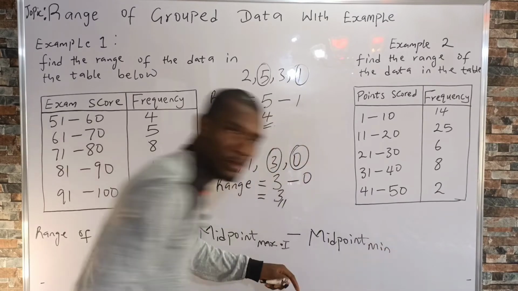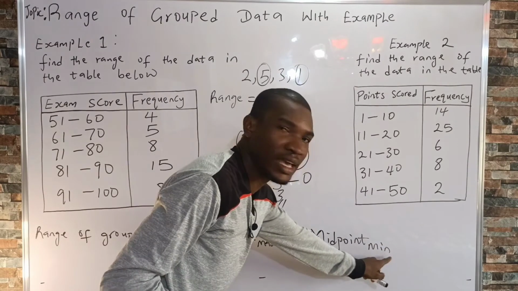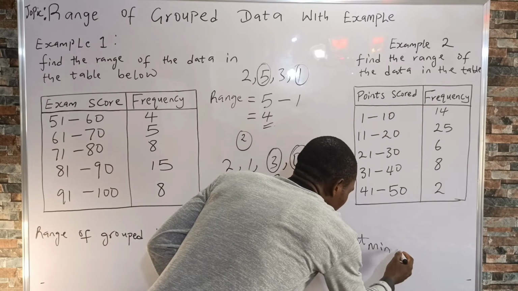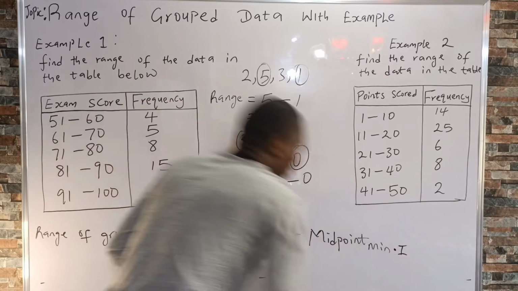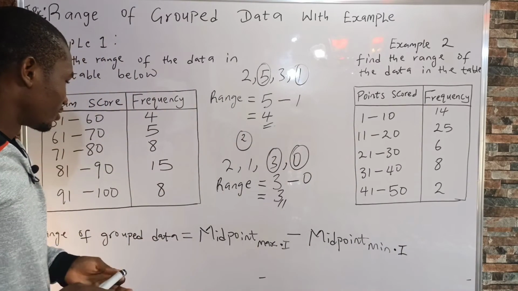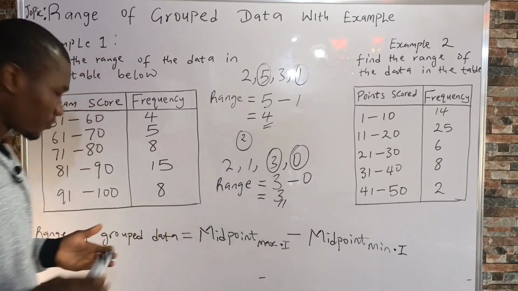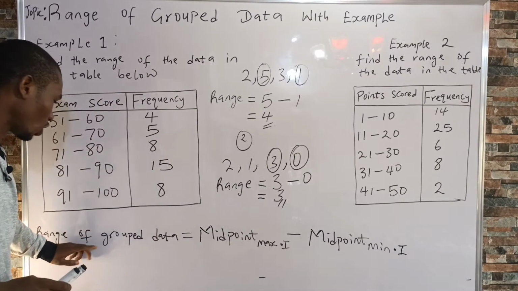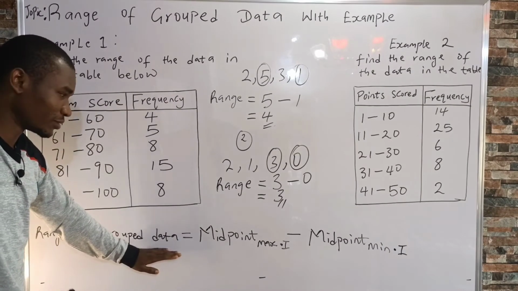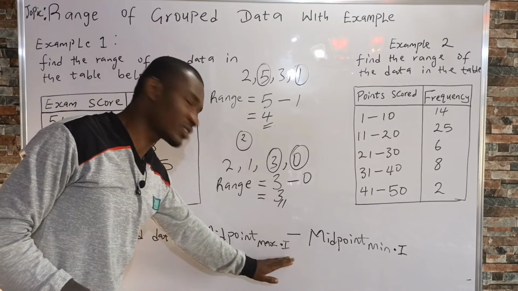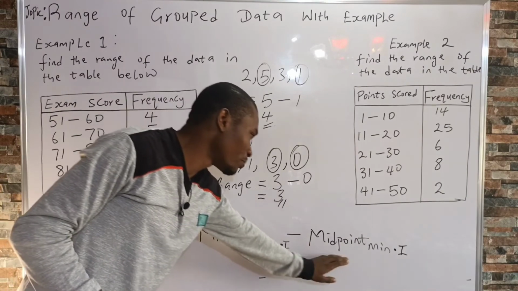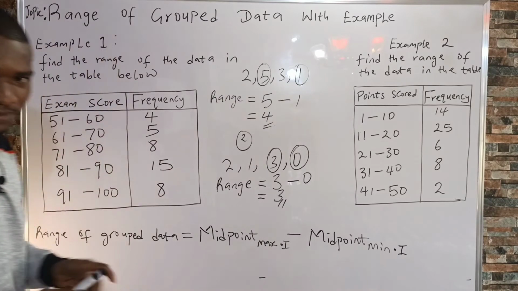Minimum, in short, is just min, okay? So this is the basic formula for finding the range of grouped data, which is the midpoint of the maximum interval minus the midpoint of the minimum interval.